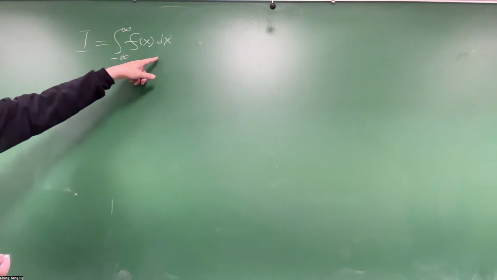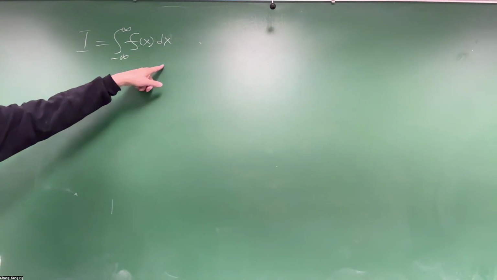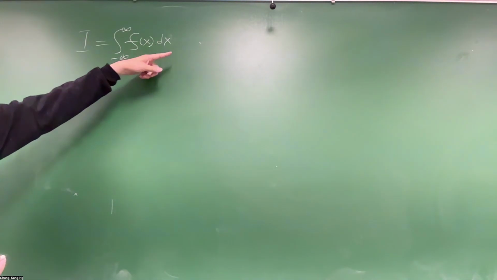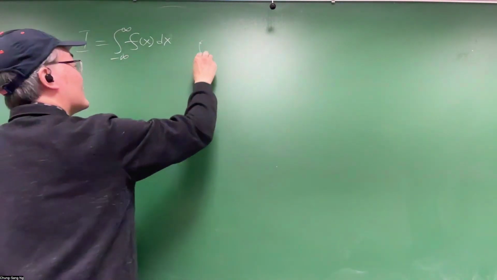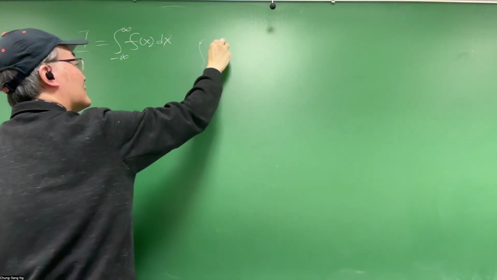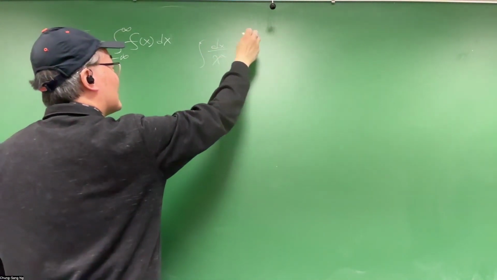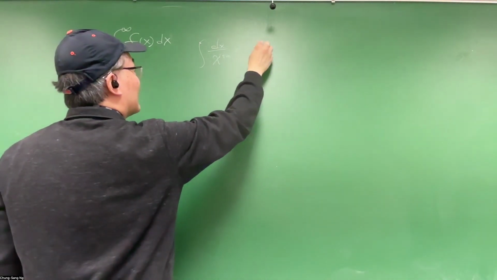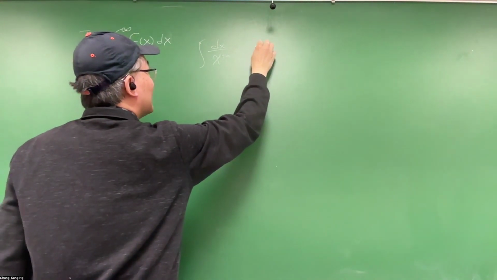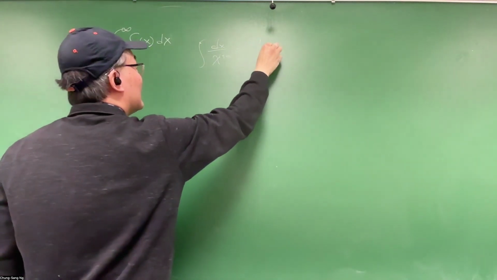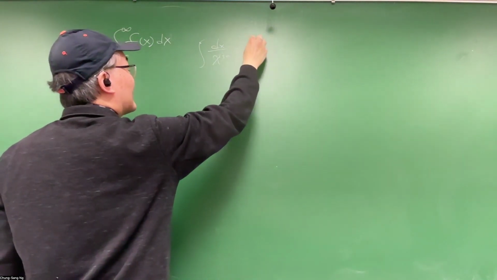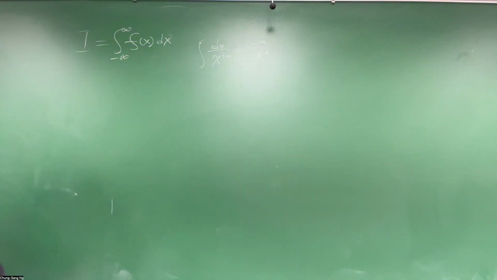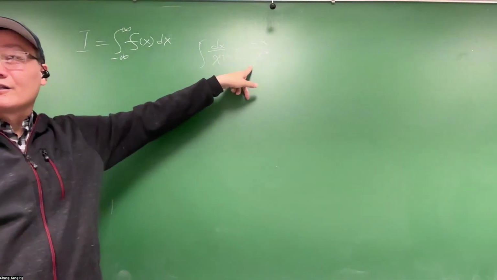But if it's dx over x to the power 1 plus alpha, with alpha a little positive number, then you still get 1 over that positive number, actually with a minus sign, as the indefinite integral.